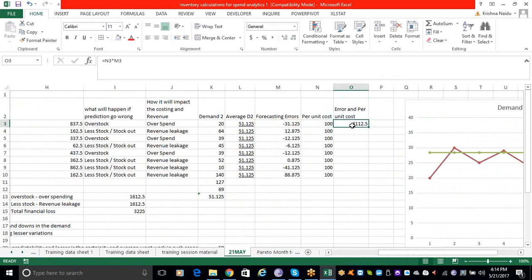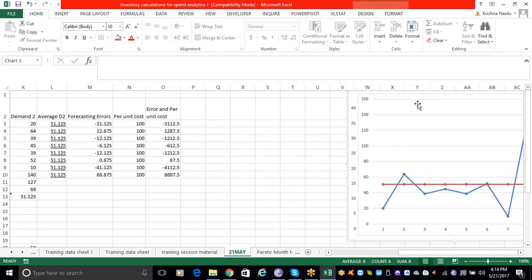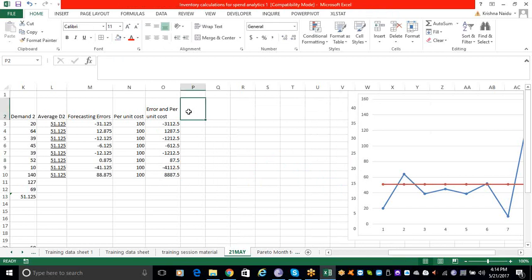We'll just drag this down. Now we know that if the scenario is overstock or less stock, we'll find that first.